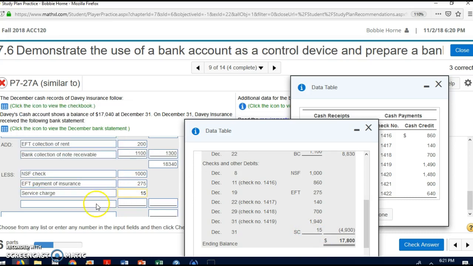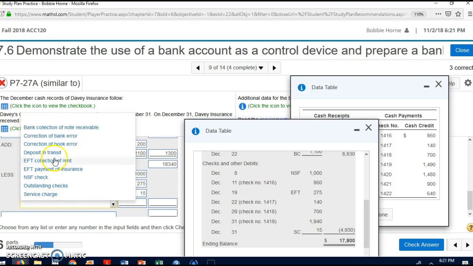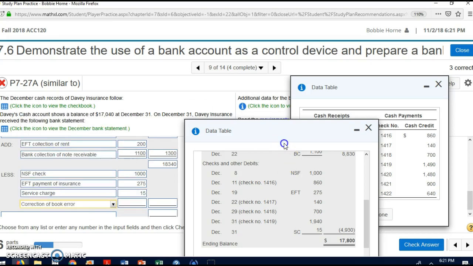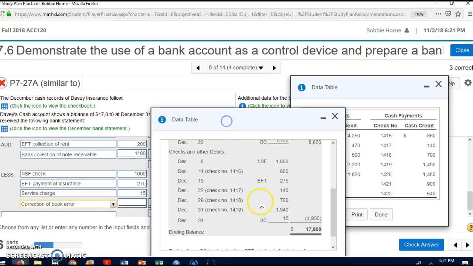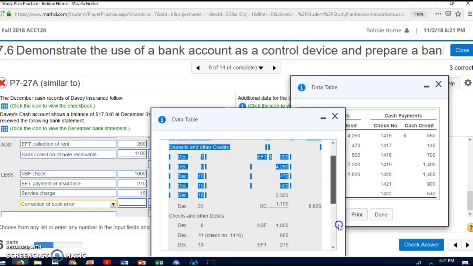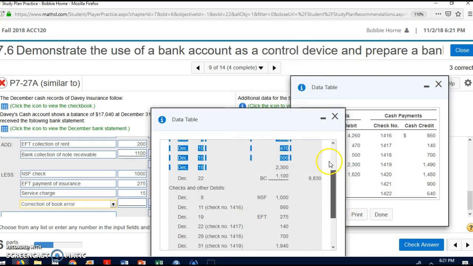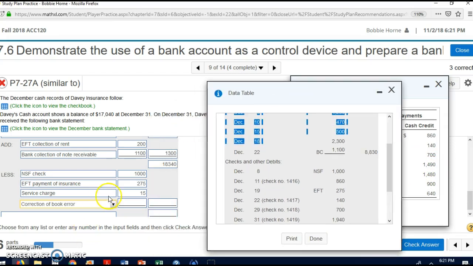And then we had a mistake, a book error. The book error was for the check we wrote. It was supposed to be for $19.40, but we recorded it for $14.90. The difference there, I believe, is $4.50.